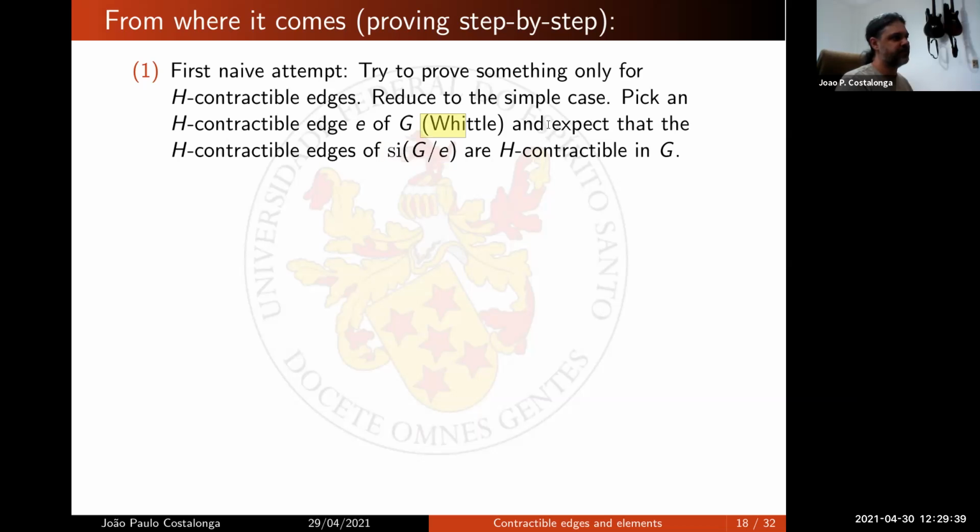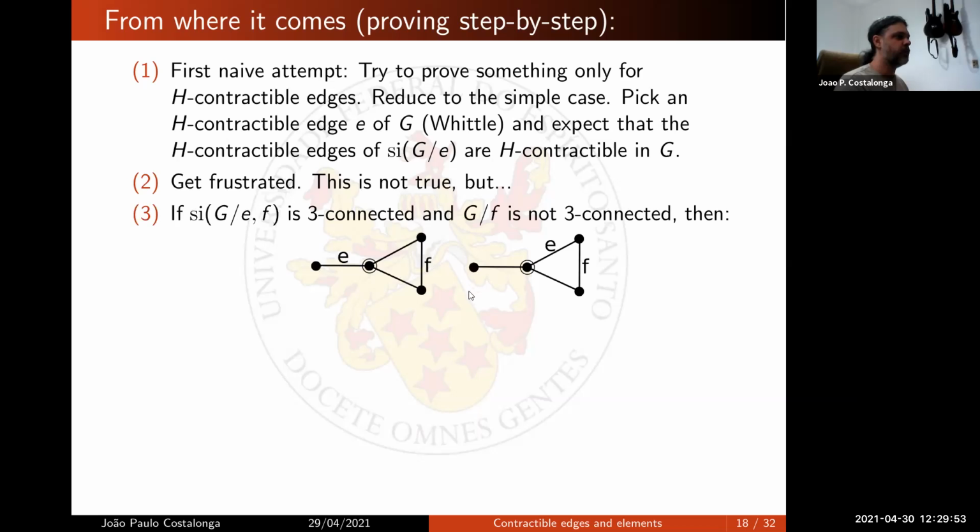This is the strategy that Rito used. And well, this will fail. And Rito described what happens when this fails. You get frustrated, it's not true, but well, some things like this will appear when you have F contractible in the simplification of G contraction E, but not contractible in G. Something like this will appear.